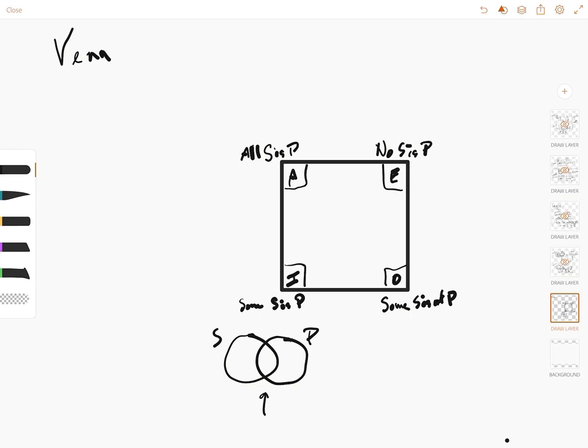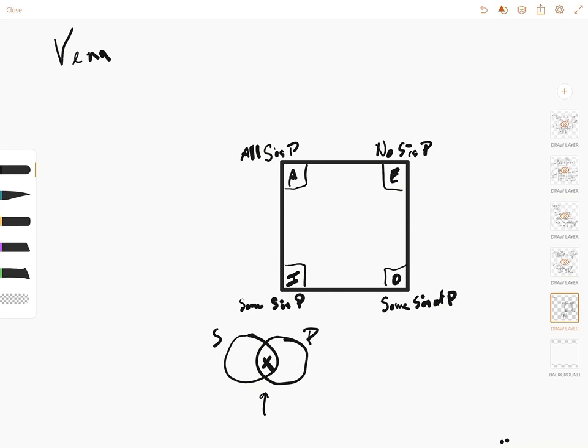So we want to indicate that by putting a little X in the region of S that overlaps with P, and this X indicates the at least one. So what that X shows is that there's at least one S that is also a P. Notice in the original proposition, the assertion is at least one S is a P. It doesn't make a claim about whether there are or are not S's that are not P's, and it doesn't make a claim about whether there are P's that are not S's.